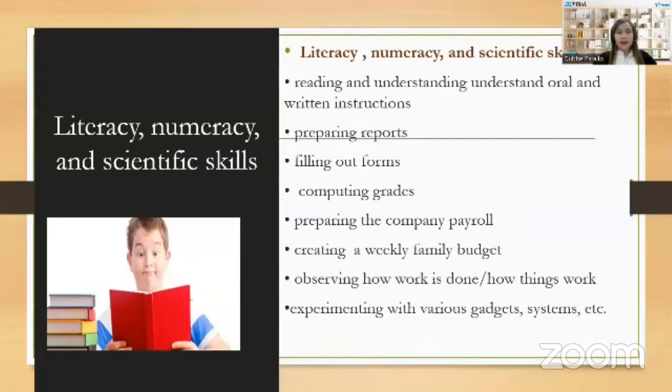So these are just some of the many ways by which literacy, numeracy, and scientific skills are used or transferred from the classroom to real life.